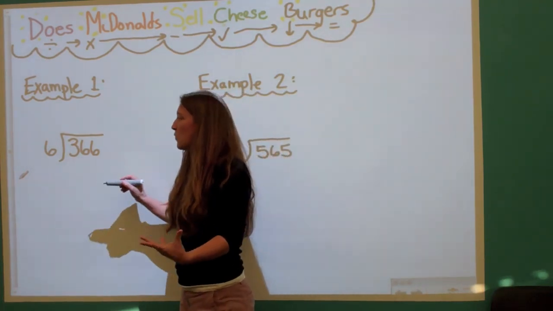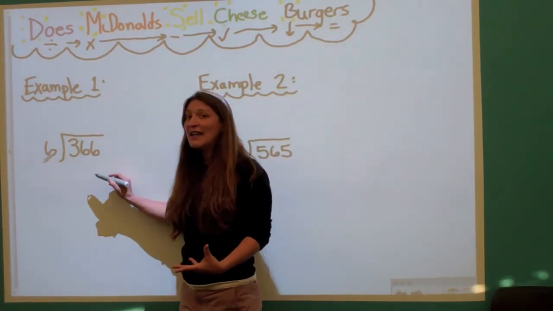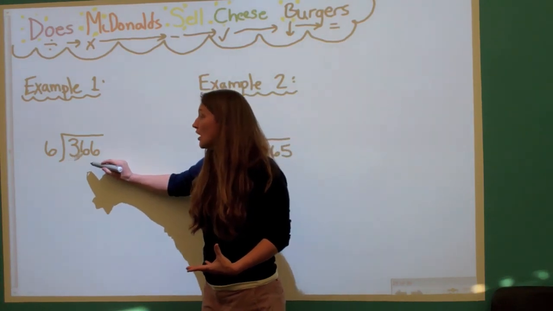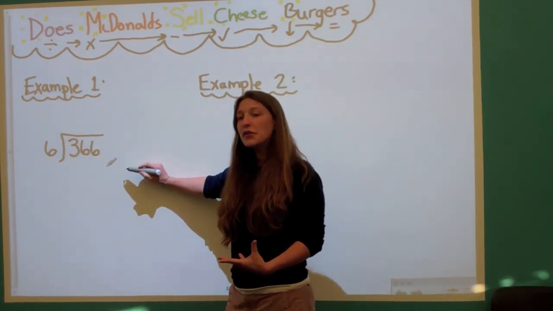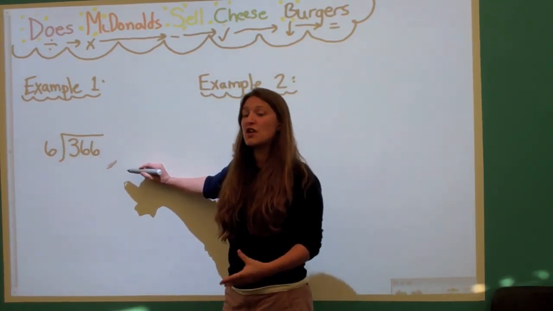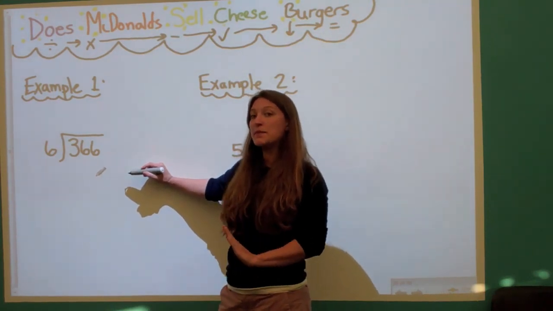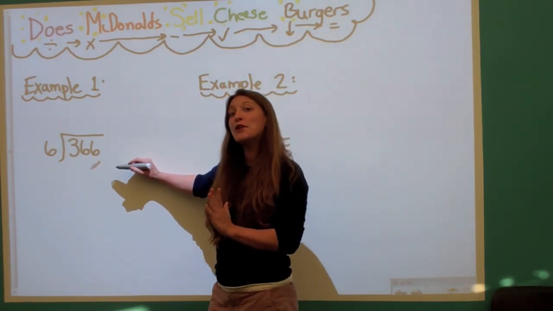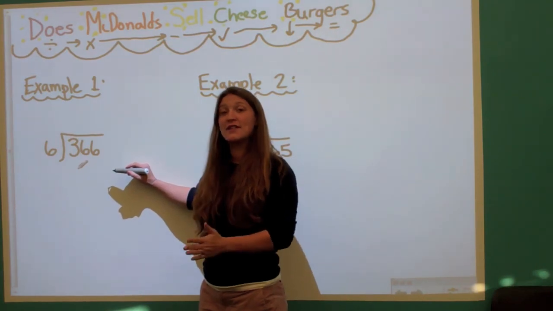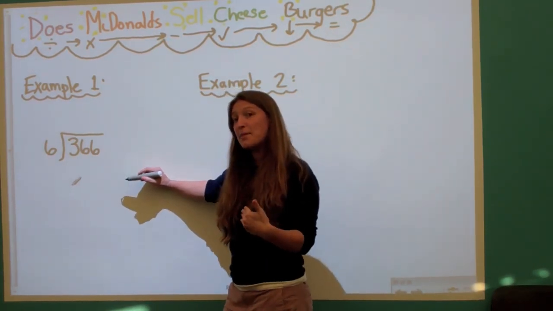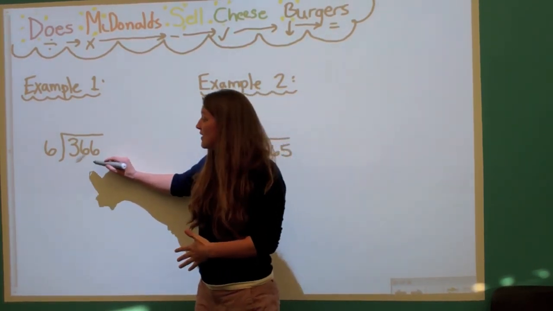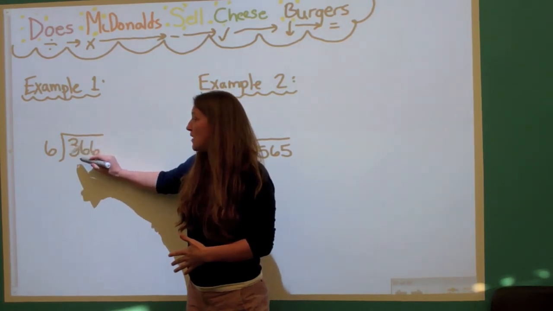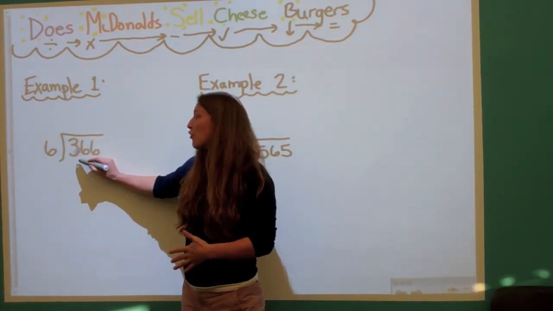The first thing I want you to do when you're looking at a very large dividend is to remember that long division is broken up into steps, and you have to break up your dividend into certain steps. So the first step that I want you to look at is the first number that we see in our dividend, and that's a 3.